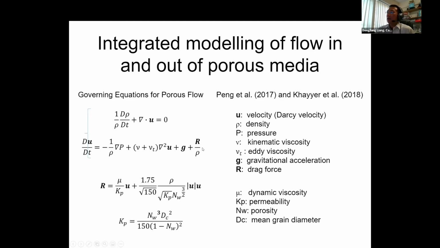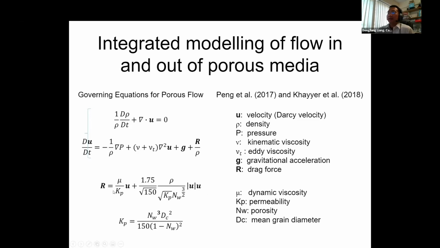And the extra resistance force R represents the drag force imposed by the soil skeleton on the water inside the porous media, but in the pure fluid region, R is simply equal to 0.